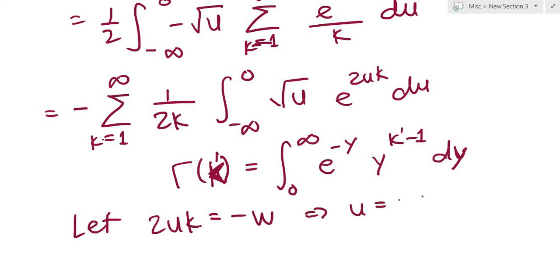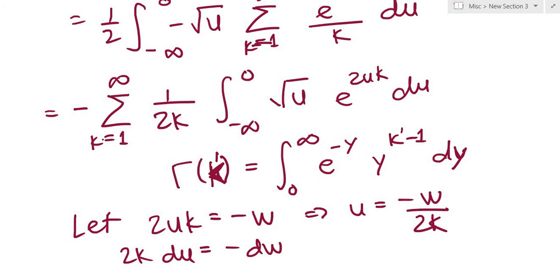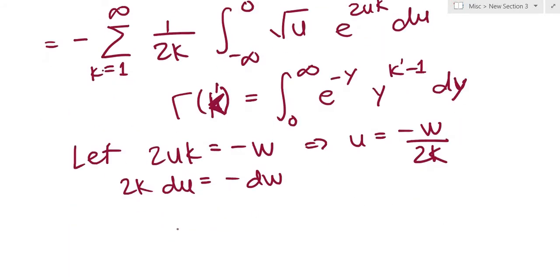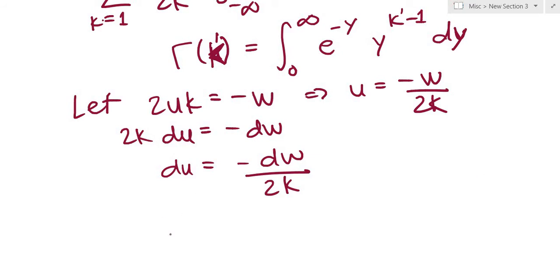So u is nothing but negative w over 2k. Differentiating with respect to u on this side, we have 2k du is equal to a negative dw. In other words, du is equal to negative dw over 2k.